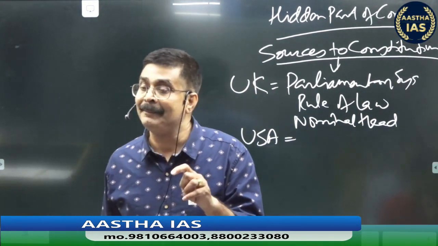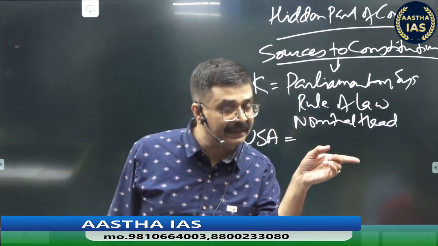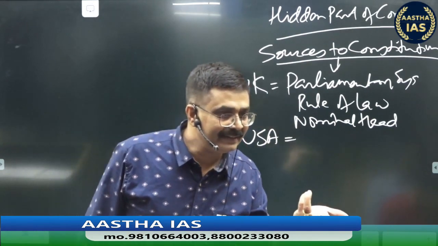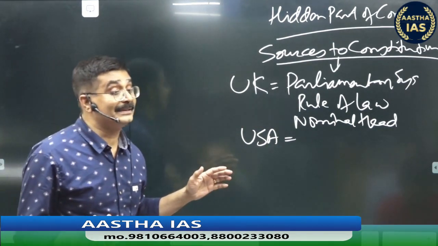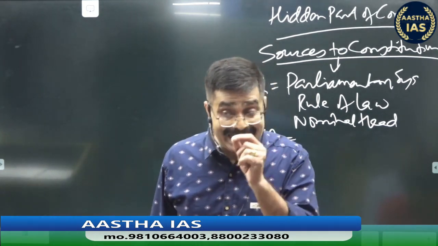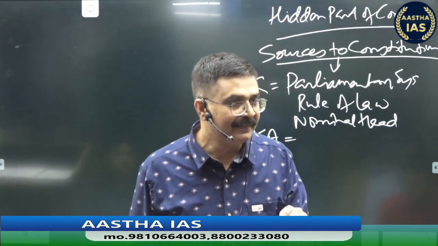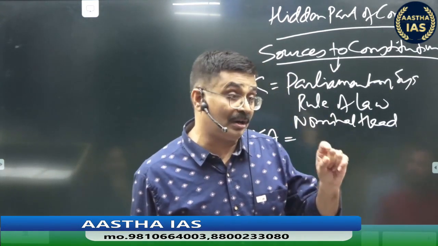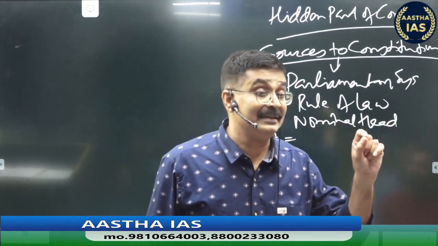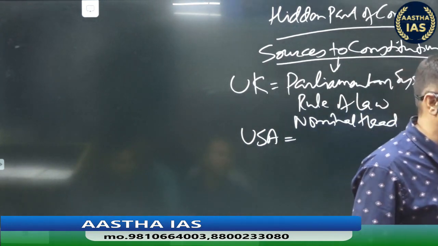In America, the states happen to be stronger in comparison to the center. In India, the opposite conditions are there. But we have adopted the philosophy of federation. Now, that is one of the important things that we need to care about while writing. When you write in reference to USA, you should not write that we adopted the federal system, because as a system we are close to Canada.